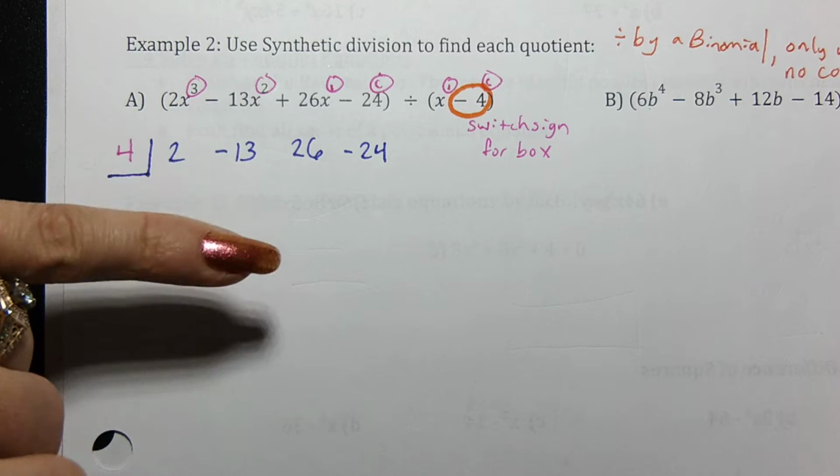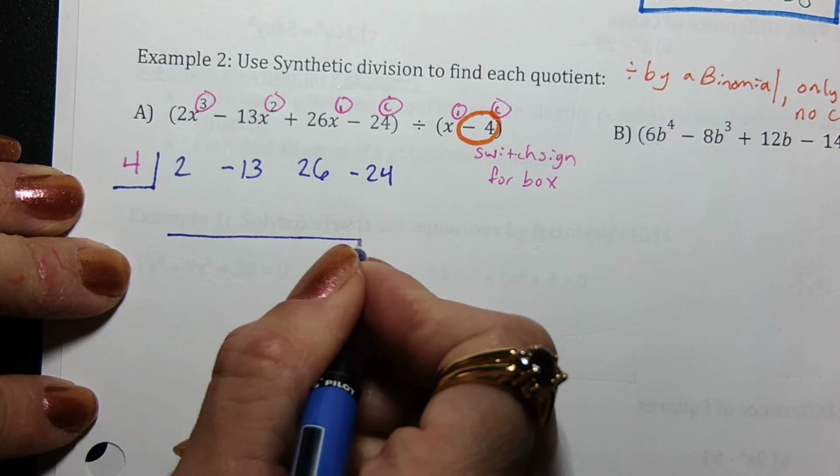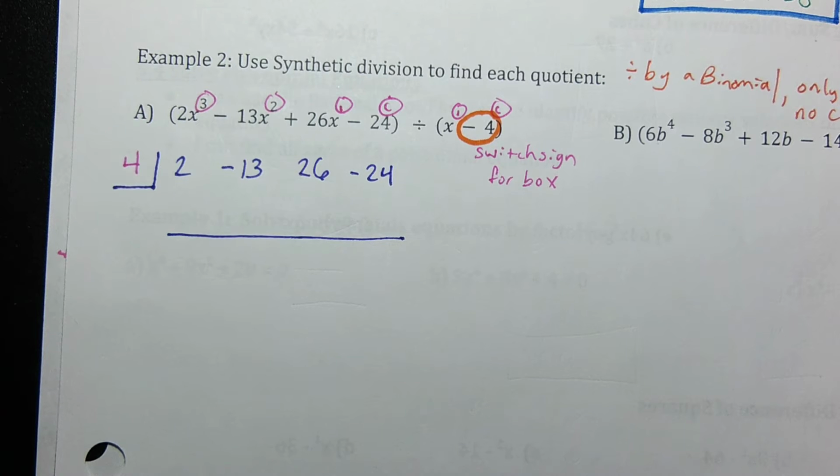You're going to leave enough space for another row of numbers, and you're going to draw a line. So that's our setup. We first check the divisor to make sure we don't have a coefficient in front of our x. Then we take the constant number, switch its sign to put it in the box.